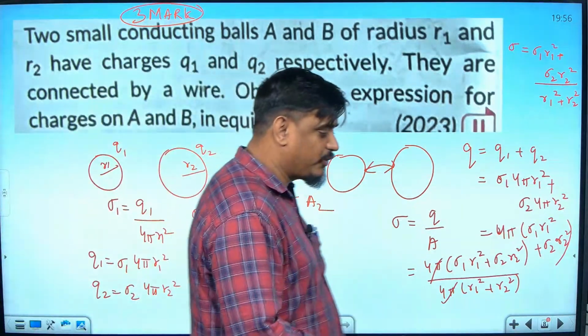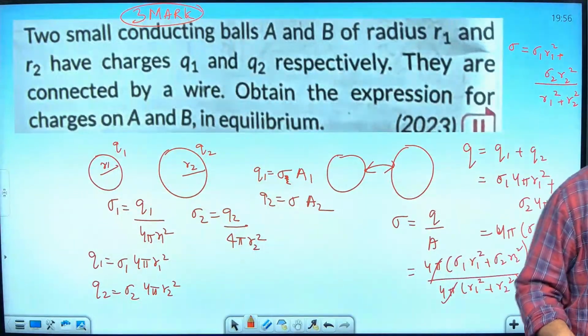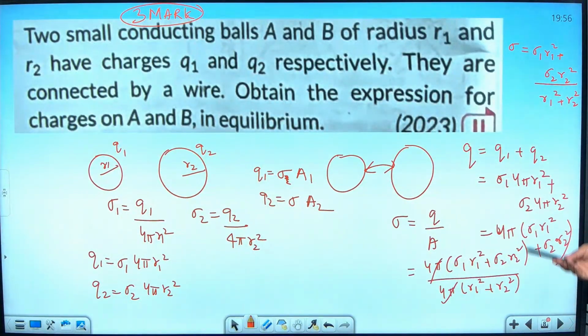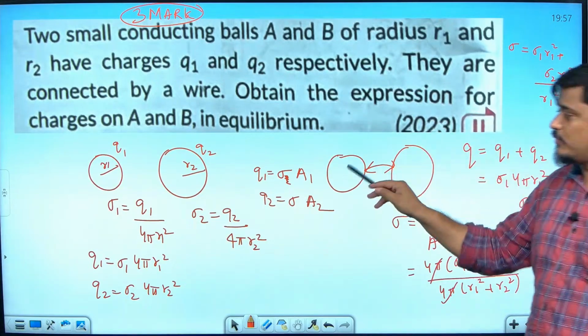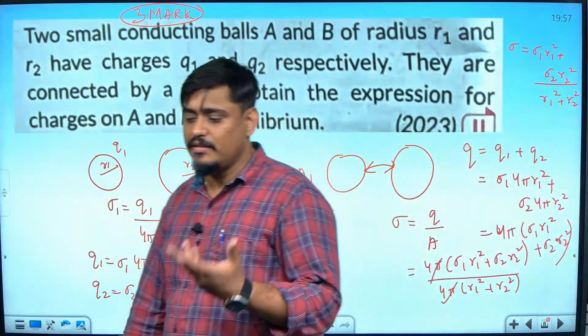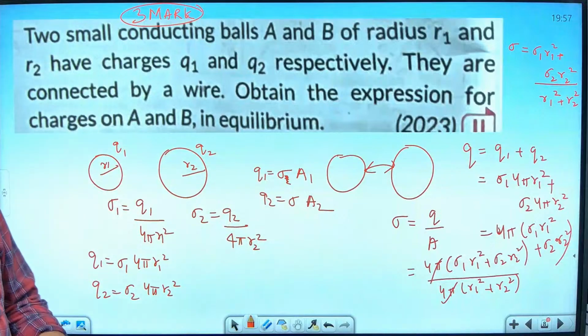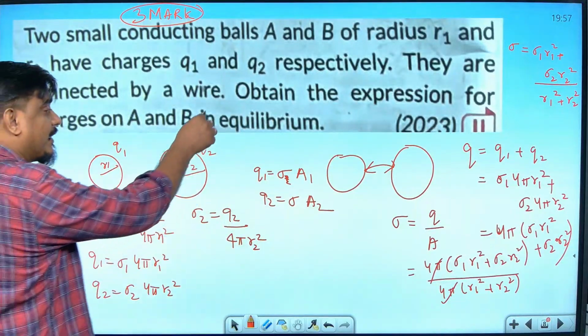Total area will become equal to 4 pi R1 square plus 4 pi R2 square, and then we have found the value of sigma of the whole combination. When you multiply the sigma value, that is charge per unit area, with the area of the first shell, you will get the charge on the first ball, because they are asking in equilibrium. That's why all this tension is there.